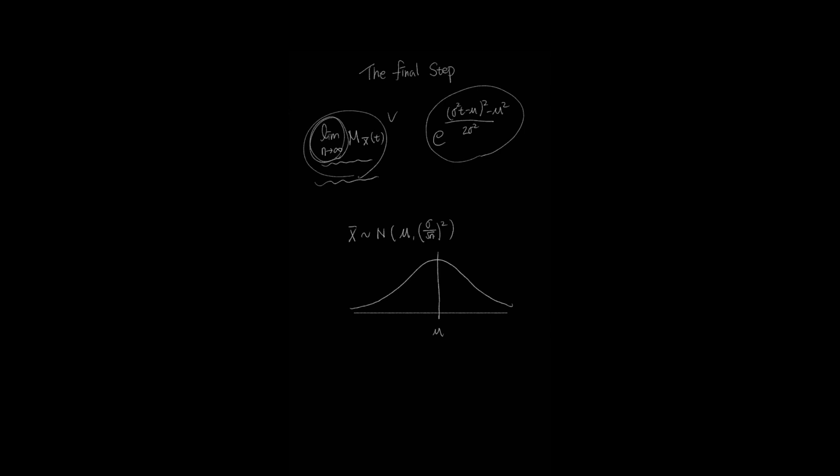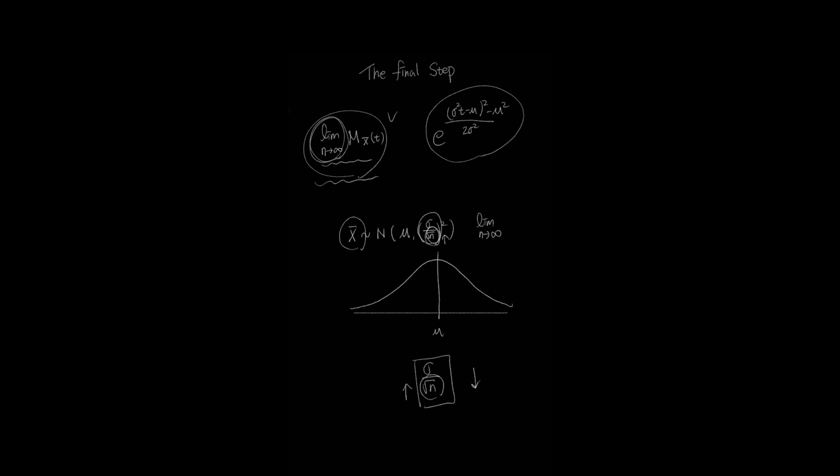But we know that the standard error, which is the standard deviation of the sample mean, includes n in the denominator. So what happens when we put n as infinity? This part gets bigger and bigger, and it makes the whole part, the standard deviation of the sample mean, get smaller and smaller.